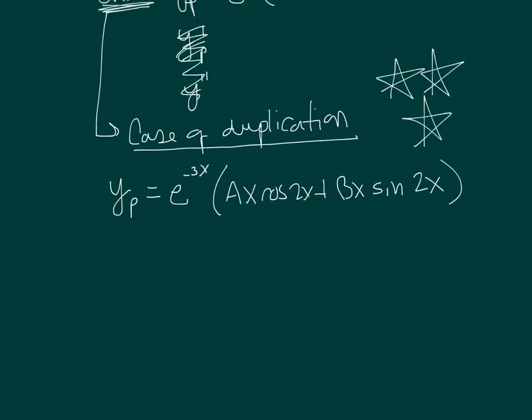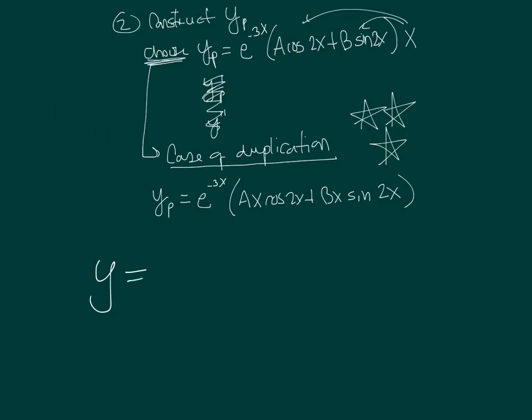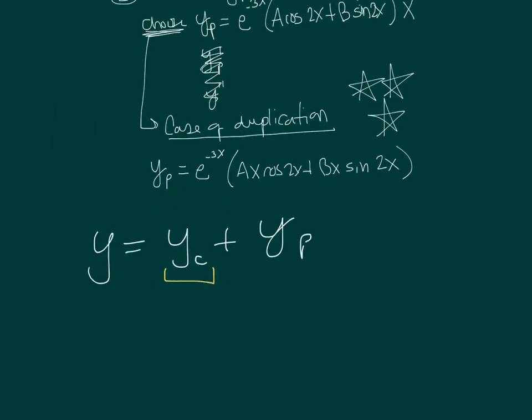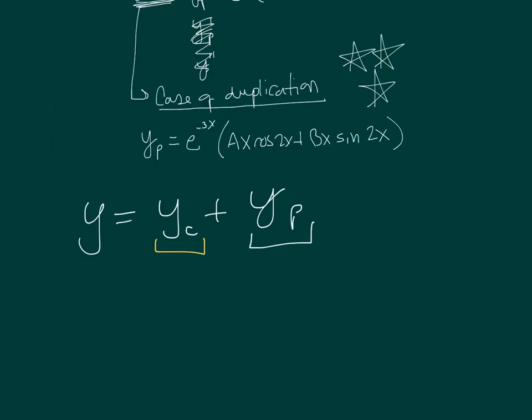So you write your yc plus yp. We found our yc right here, and our yp is this guy right here. We're not adding the same thing; that function's not contained in y sub c.